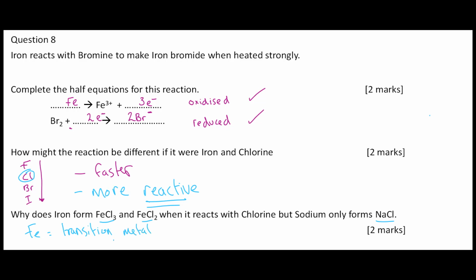And earlier on, I think it was question 1, we said that transition metals form ions with different charges. Whereas sodium is in group 1 and it only forms a +1 ion.